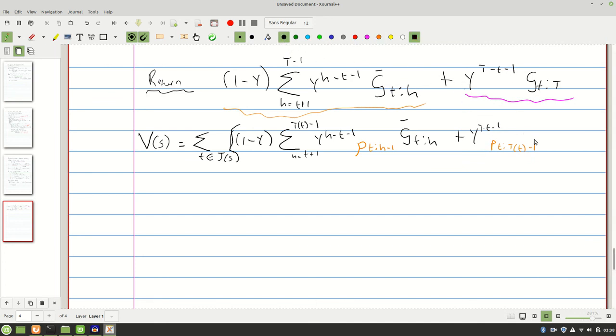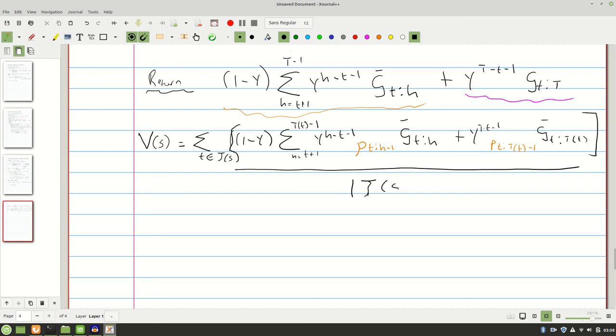So that's what we have here, and we multiply this by the final term, which is G t up to capital T. Then we divide this by the cardinality of our T of S, the states that we're looking at here.